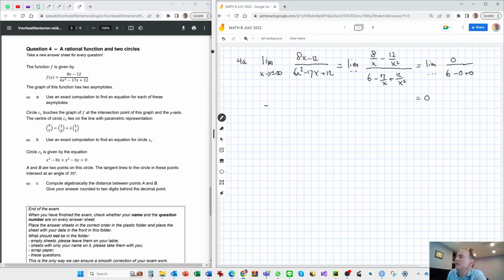So that means the x-axis is the asymptote. y equals 0 is the asymptote. y equals 0 is one asymptote.